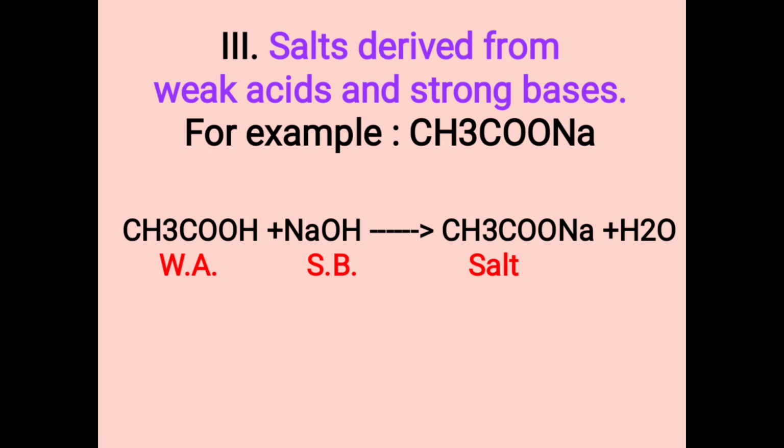This weak acid and strong base dissociate in water to form their ions. The weak acid dissociates in water to form CH3COO minus plus H plus, meaning an acetate ion and an H plus ion, plus the strong base dissociates completely in water to form Na plus and OH minus ions.